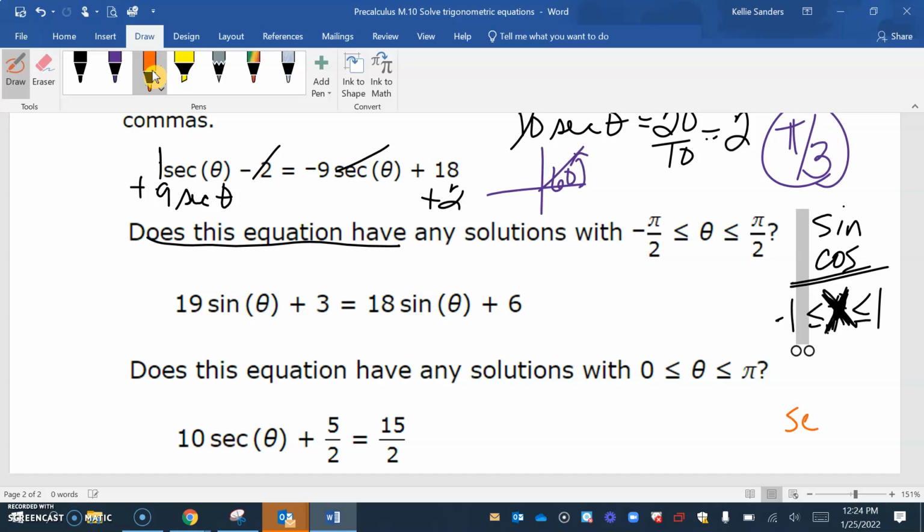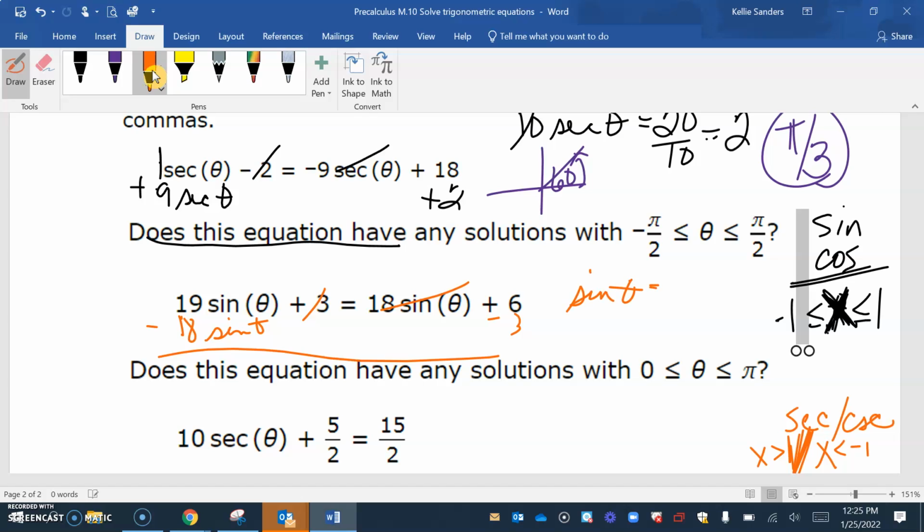If you're talking about secant or cosecant, then it's going to be anything smaller than -1 or anything bigger than +1. Okay, so let's just go through this and see what's happening. If we subtract 3 and we subtract 18 sine theta, we get 19 minus 18, which would be 1. So 1 sine theta, and 6 over 3 is 2.